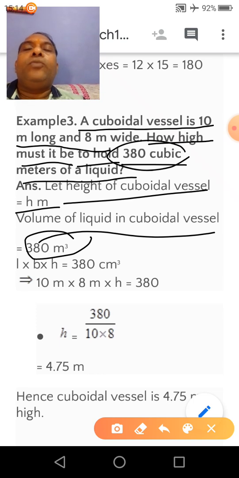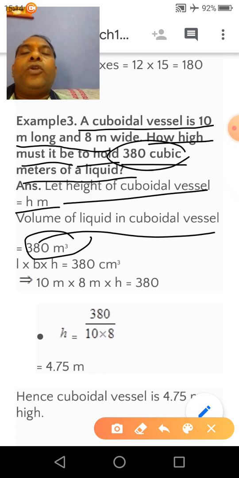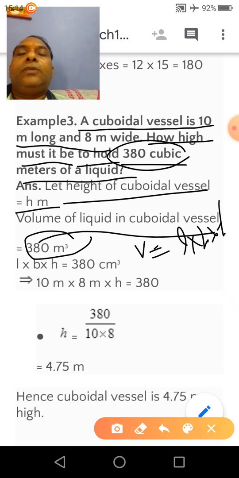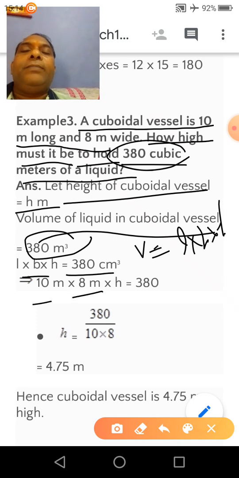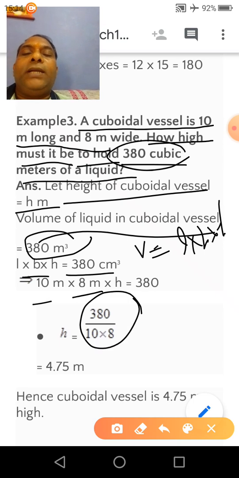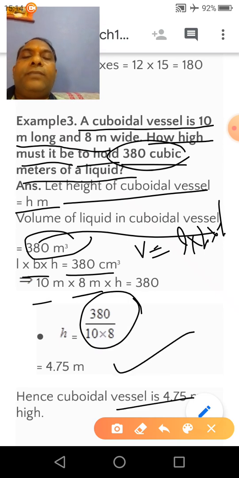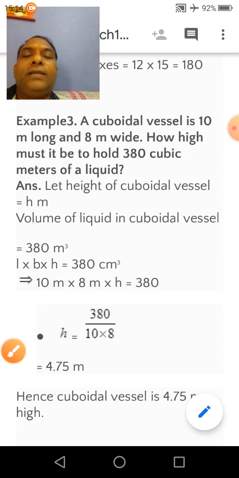And we know that volume is equal to L into B into H. So L into B into H is equal to 380. Put the values of L and B. Then H will be equal to 380 upon 10 into 8. Then you have the height of the cuboidal vessel.